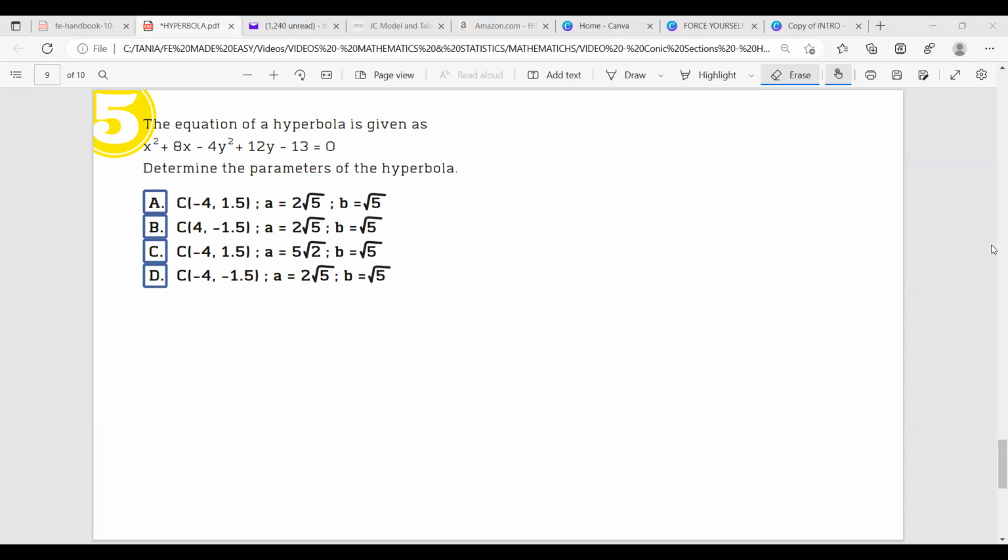And as we've discussed before, the equation of a hyperbola can be (x minus h) squared over a squared minus (y minus k) squared over b squared equals 1. And we've discussed that this is a hyperbola which sits on the x-axis, right?